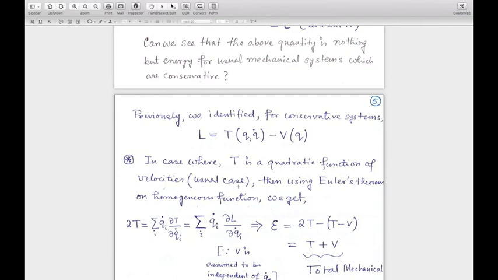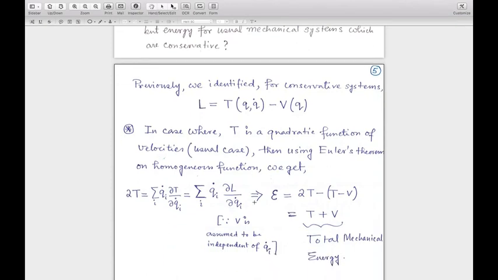If you remember, when we wrote the generalized expressions of kinetic energy in lecture number 4, I think, using the generalized velocities, we showed that the kinetic energy in general is a quadratic function of the generalized velocities. Then we use Euler's theorem of homogeneous functions. I will not go into the detail about that. If you want, I can discuss this in a tutorial, in a discussion session.